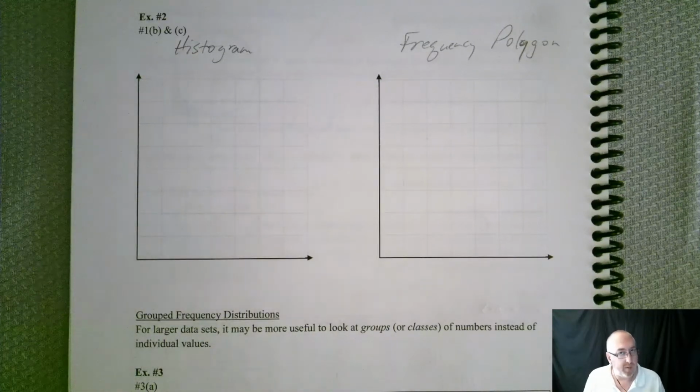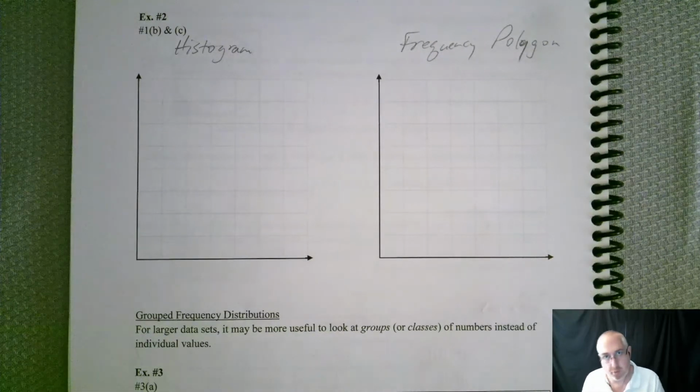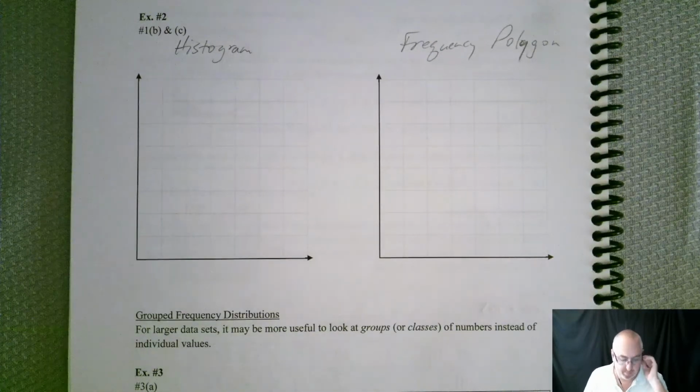But those aren't the proper definitions for these, because there are some specific parts to them that make them different than a true bar graph and a true line graph. So we're going to see what that looks like.